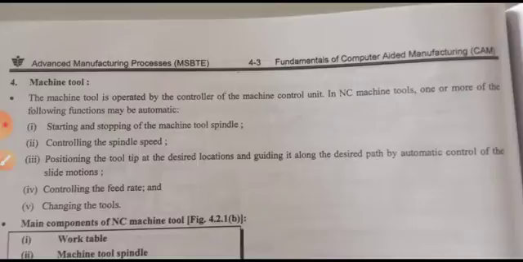In an NC machine tool, one or more of the following functions may be automatic: starting and stopping, controlling the spindle speed, positioning the tool tip at the desired location and guiding it along the desired path by automatic control of the slide motions, controlling the feed rate, and changing the tool. All these parameters may be controlled automatically by this machine tool.